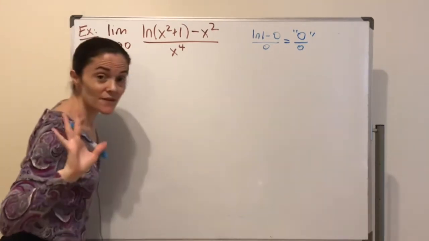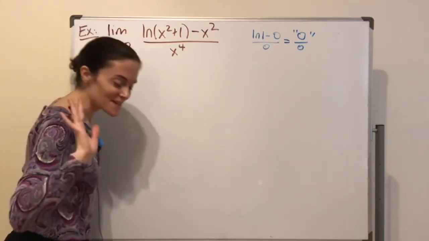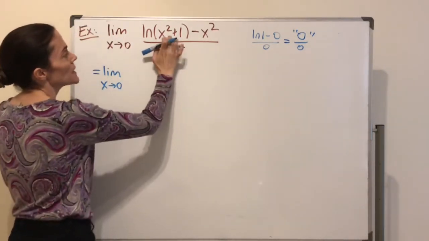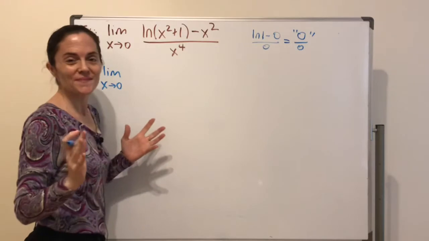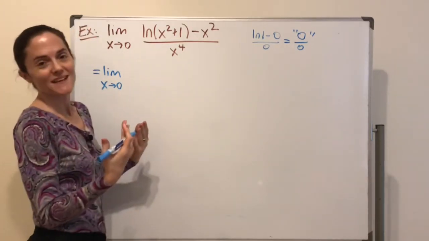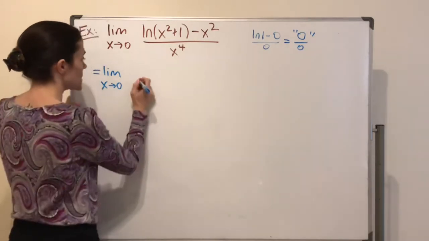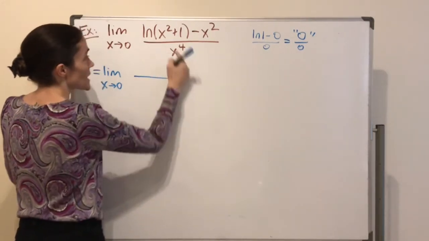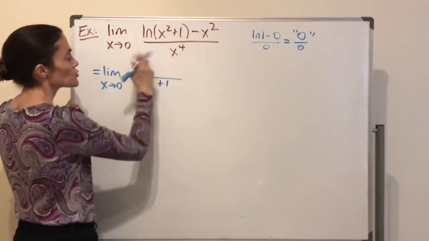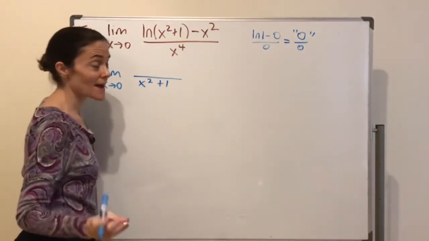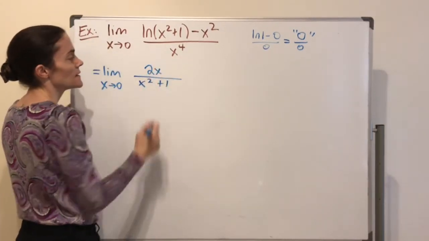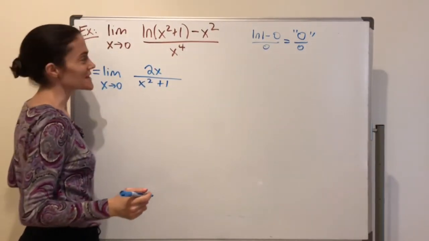This is a limit as x approaches 0. We take the derivative of the numerator, and the derivative of the denominator. Well, the numerator, let's look at this first term. This is chain rule, where the inside function is x squared plus 1. When we go to differentiate, we get the derivative of the outside, 1 over x, evaluated at the inside, and then times the derivative of the inside function.